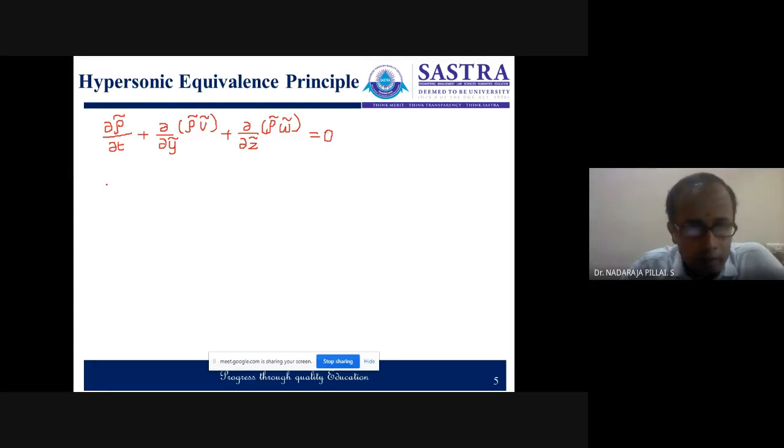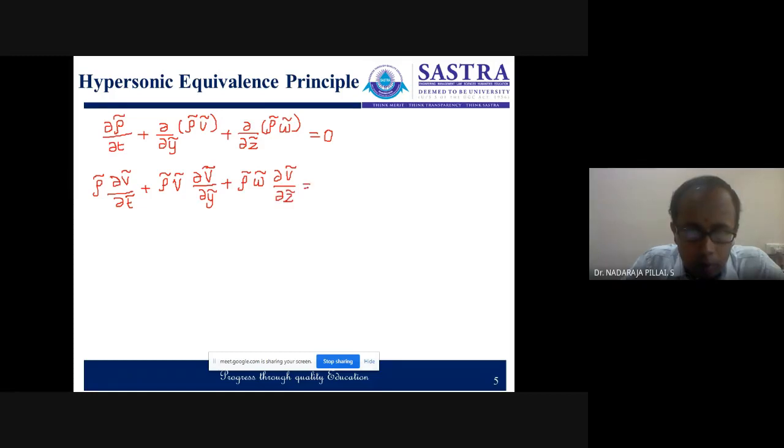Then let us write the next momentum equation, that can be represented as rho tilde dou v tilde by dou t tilde plus rho tilde v tilde into dou v tilde by dou y tilde plus rho tilde w tilde into dou v tilde by dou z tilde, that is equal to minus dou p tilde by dou y tilde.